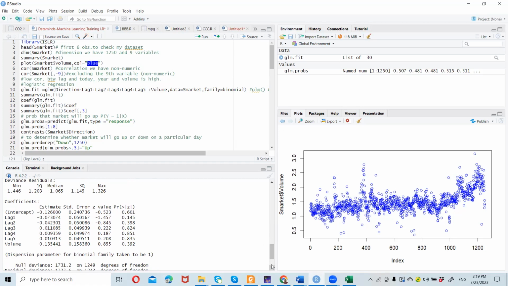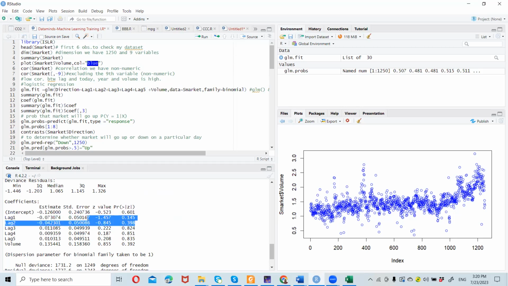As you are predicting the direction, whether the stock market rises or falls on a particular day, using these variables to determine what impact they have on the stock market's rise and fall, looking at these variables, they are not significant. The p-values are large. However, lag 1 and lag 2 happen to be the ones that have the least p-values, 0.145 and 0.398. So we can retain them and see how our model will perform.